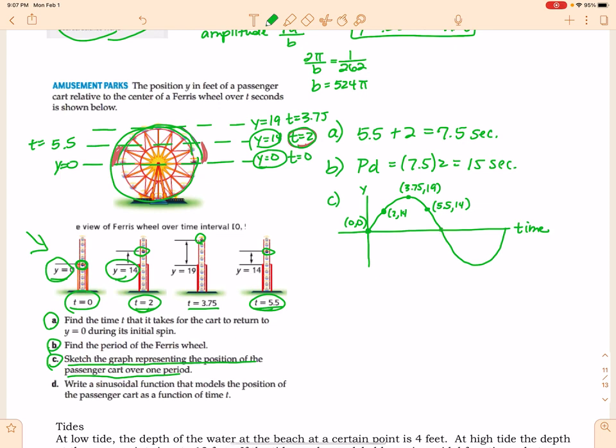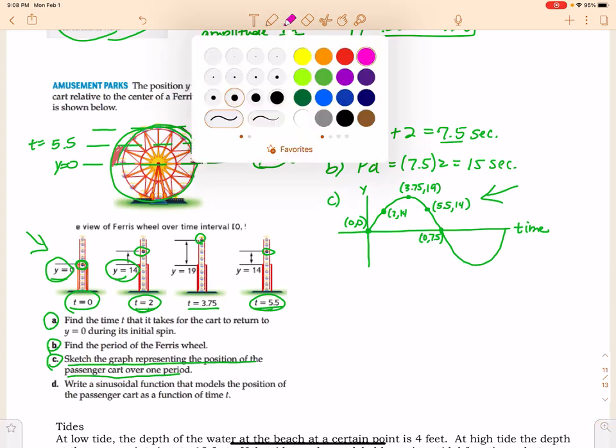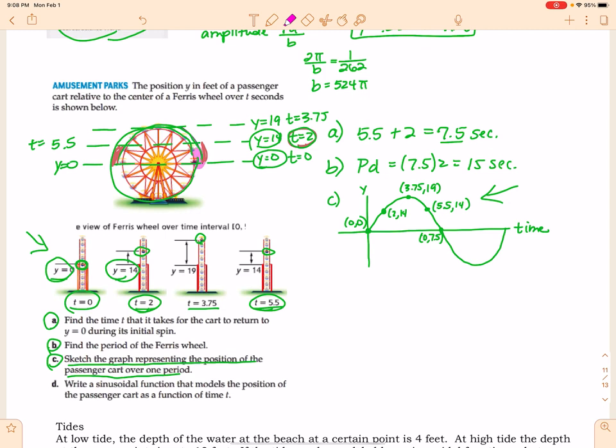And once it reaches here, we know that takes 7.5 seconds, so that is going to be 0 and 7.5. This is the top half of the circle right here. That's what I've taken care of so far.